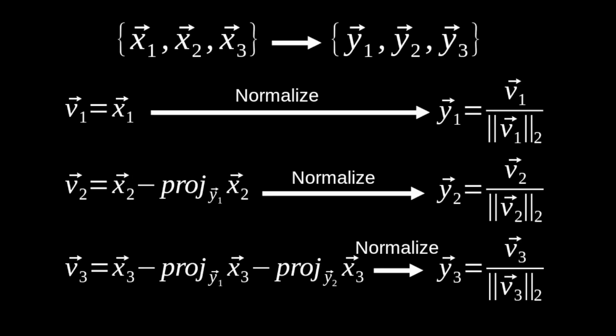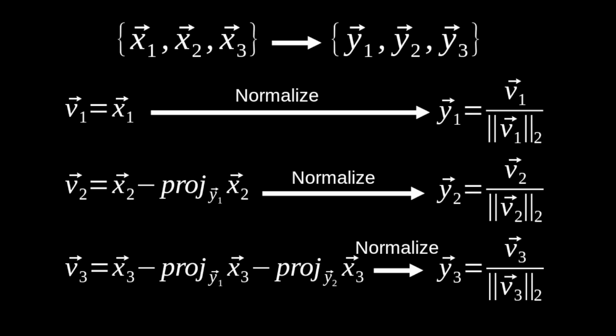But let's review the Gram-Schmidt process very quickly. Remember, again, we're dealing with sets of vectors. You can think of this set of X vectors as our A matrix, the set of Y vectors as our Q matrix. With the first column of that A matrix, we're really just normalizing it and setting that equal to the first column of our Q matrix.